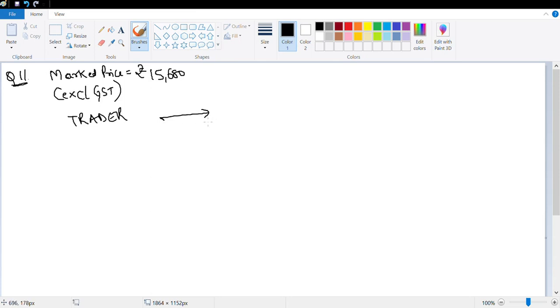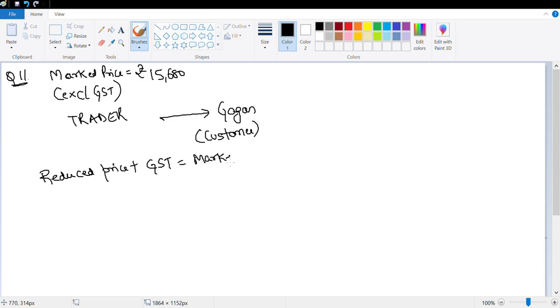So he is selling it to Gagan, who's a customer. He wants to sell it at a reduced price, and he should reduce it to such an extent that the reduced price plus GST is equal to the marked price.